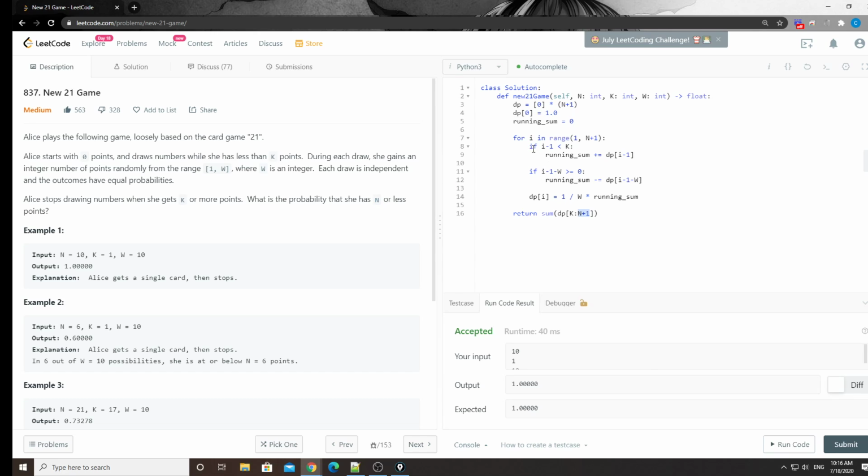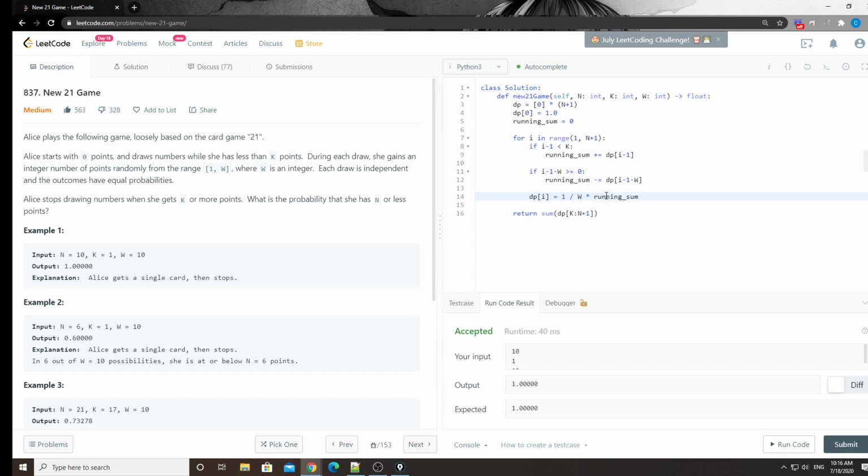And the third one is to calculate the sum of the previous W probabilities. At the beginning we were using a naive for loop to loop through everything, W length, for each of the I. But that's basically time limit exceeded because it's an n square time complexity, and we are wasting a lot of time looping through the same elements.